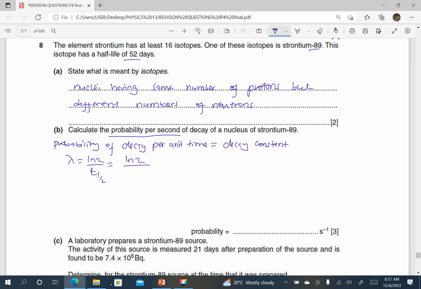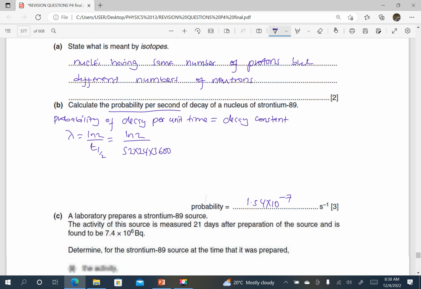We want the answer in per second. So this will be 52 times 24 hours times 3600. And this is giving me a 1.54 times 10 power negative 7 per second.